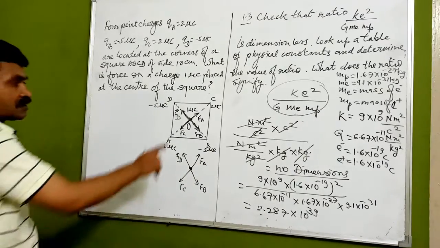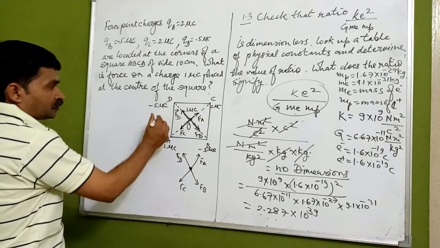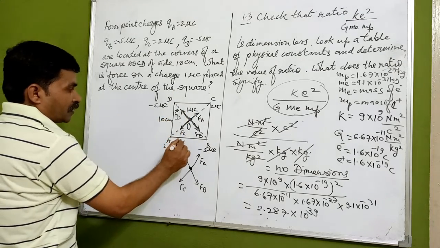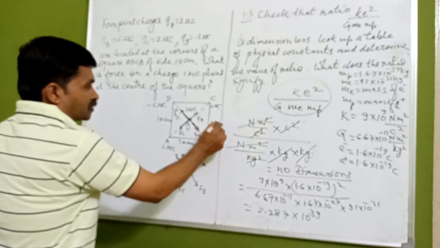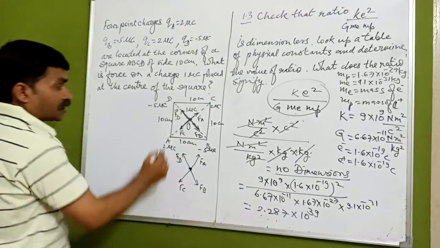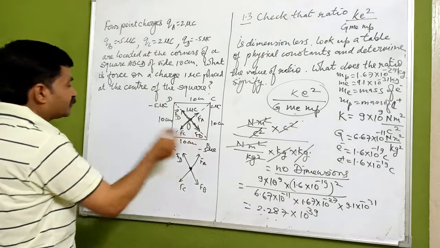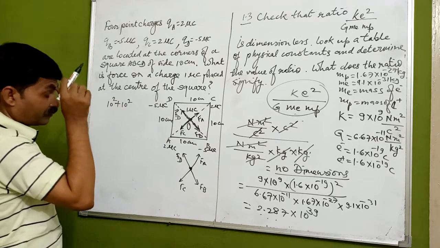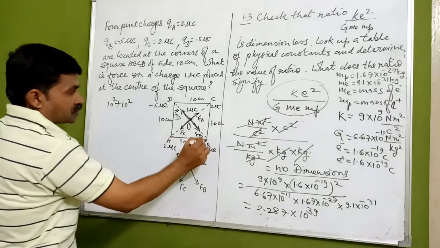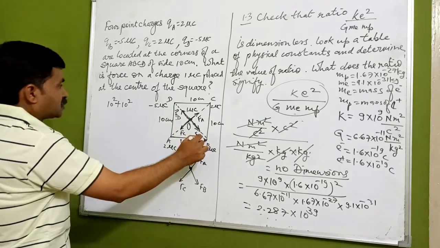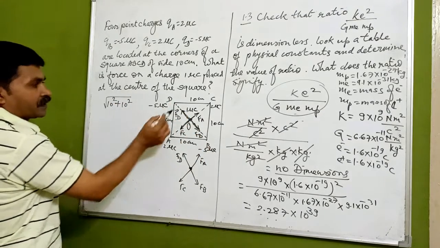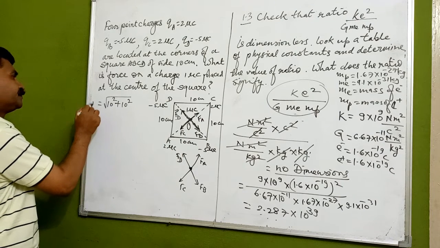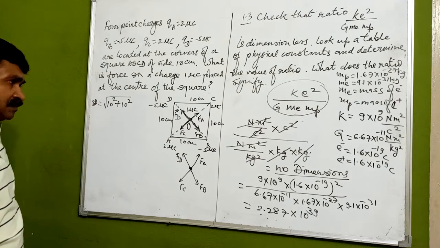Now first of all we need to know the distance. This is given to you as 10 centimeter. Here it is 10 centimeter, and here it is 10 centimeter. If we go through this, we have 10 squared plus 10 squared. This will give this distance, say BD.